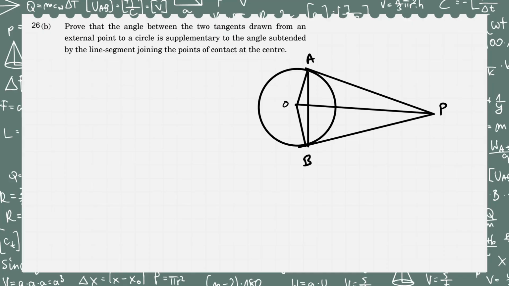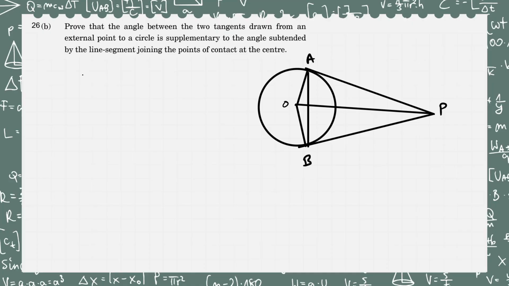This is one famous theorem, right? So we have to prove it. Let us see how to do that. This figure we have to draw without fail, and we need to explain something about the figure when it is drawn by us.